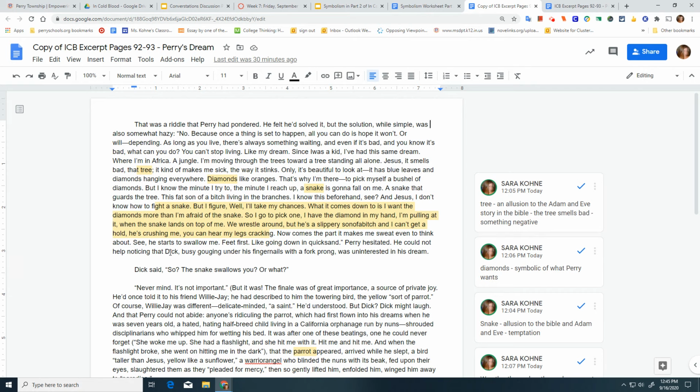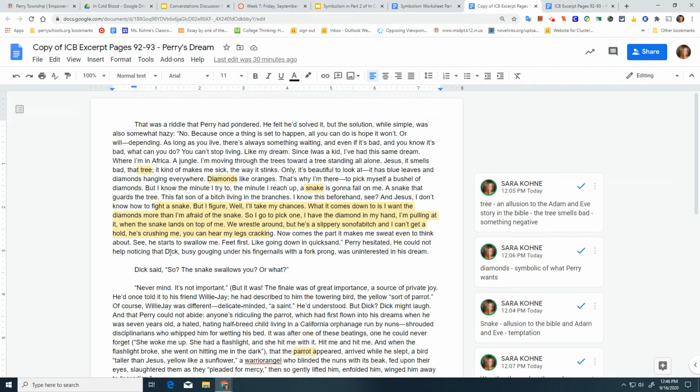Diamonds like oranges. That's why I'm there, to pick myself a bushel of diamonds. But I know the minute I reach up, the snake is going to fall on me. A snake that guards the tree. This fat son of a bitch living in the branches. I know this beforehand, see, and Jesus, I don't know how to fight a snake. But I figure, well, I'll take my chances.